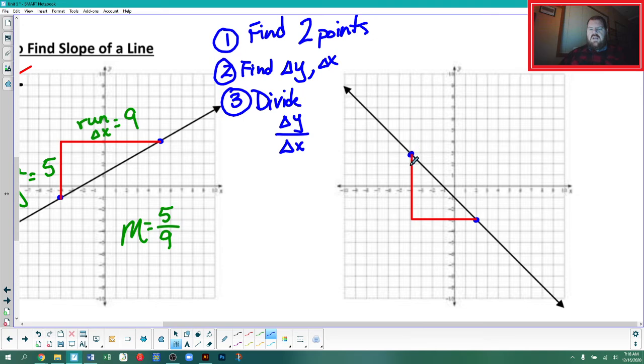Change in y goes down 1, 2, 3, 4, 5, 6. Since it goes down, that's a negative. And it goes over 1, 2, 3, 4, 5, 6. It goes down 6 and over 6.